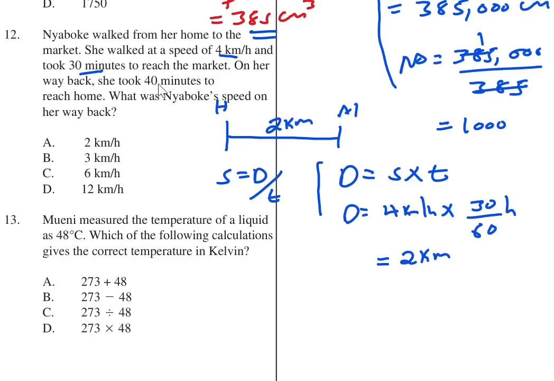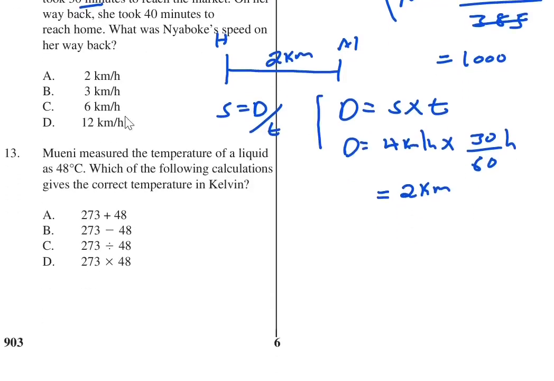On our way back, she took 40 minutes. So the distance is still the same, it does not change. Now you want to get the speed. We continue. The speed will be distance over time. The distance we have found is 2 kilometers, over the time she took, which is 40 minutes. So we change it into hours, 40 over 60.